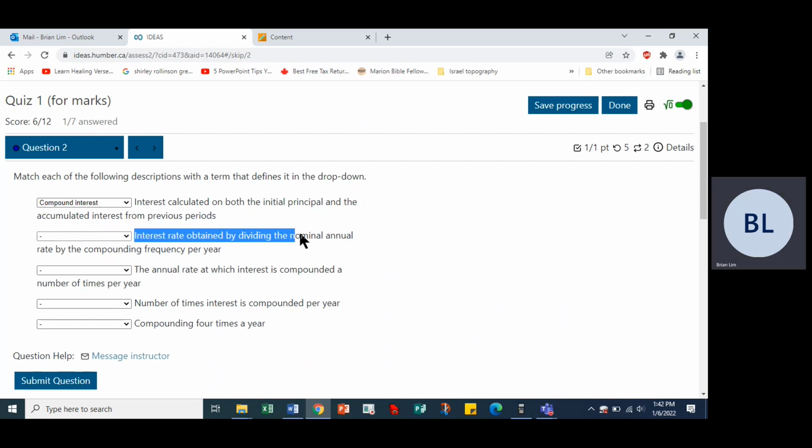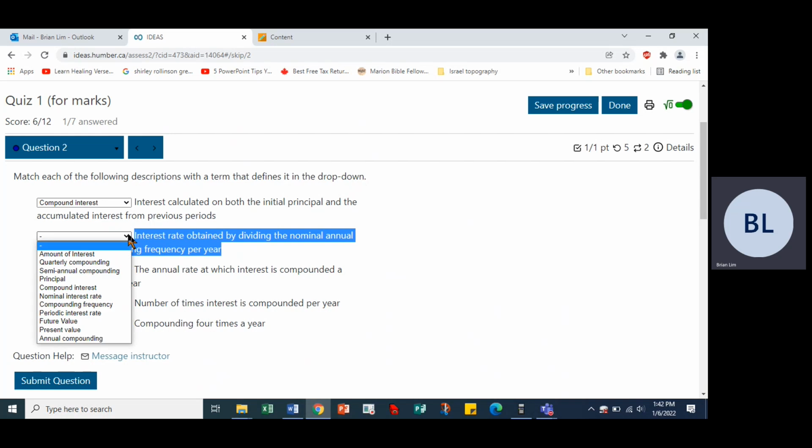Interest rate obtained by dividing the nominal annual rate by the compounding frequency per year. So you have a nominal rate, say, of 7%, 10%, and you divide that by the compounding frequency. So that would give us what? Is that the compounding frequency?